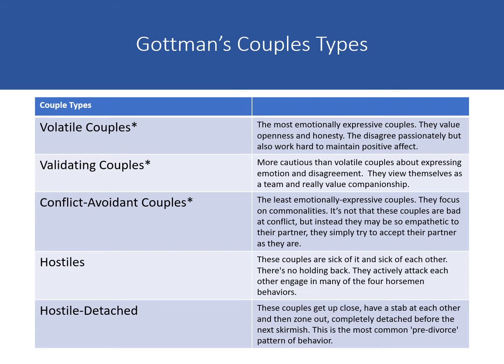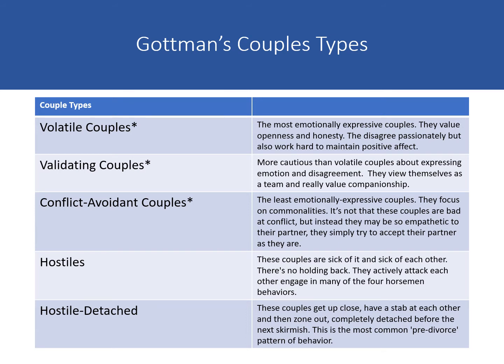So I want to take a closer look at each one of these couples. When it comes to the functional couples, Gottman argues that all 3 couple types are functional. In other words, it's not that one of these couple types is necessarily better than another. There just are some unique differences and important nuances.